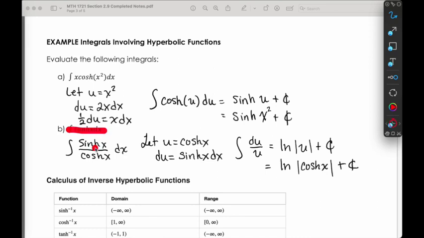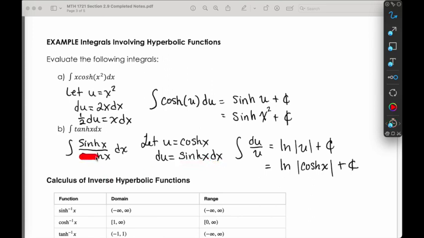For this one here, I'm going to rewrite hyperbolic tangent as hyperbolic sine over hyperbolic cosine. That way I can let u be hyperbolic cosine, and I can do a u substitution. I get du is hyperbolic sine dx.